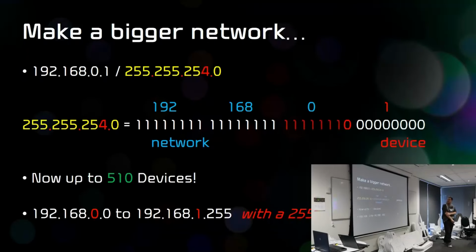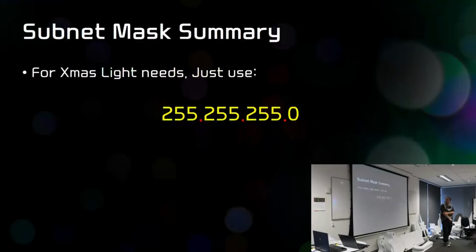If we change the third 255 to 254, we've then got another binary 0, which means we can have up to 510 devices. For what we're doing, completely irrelevant. So moral of the story for Christmas lights, that's the magic number.